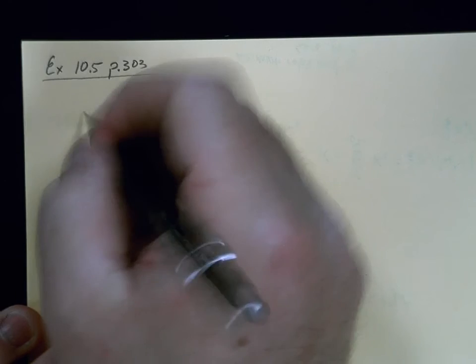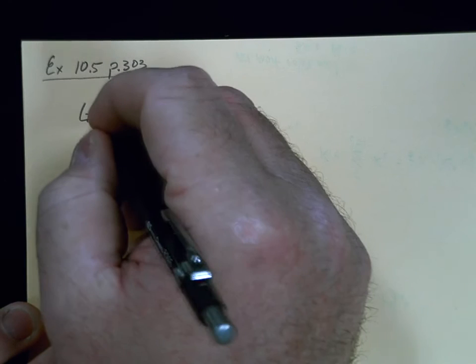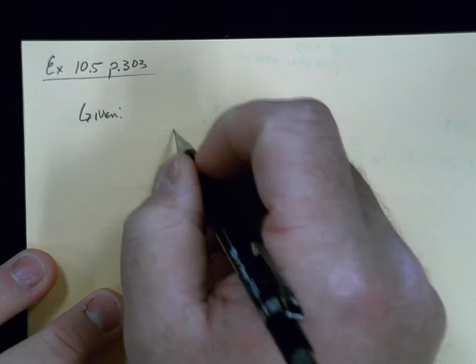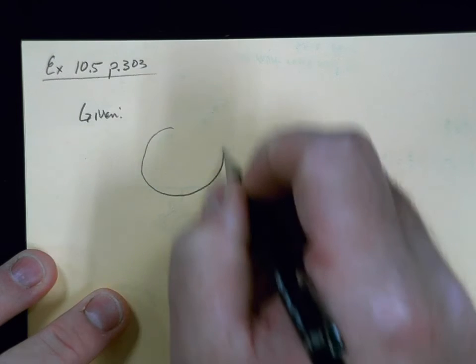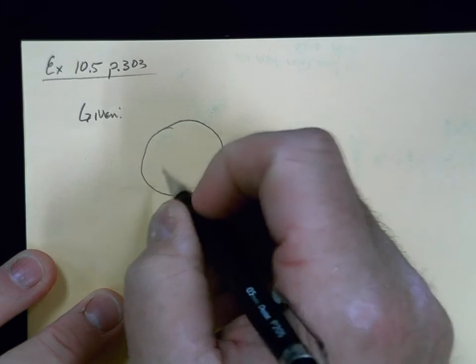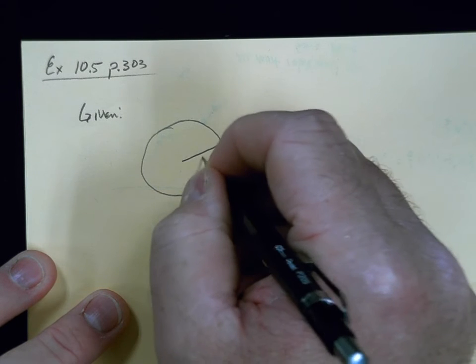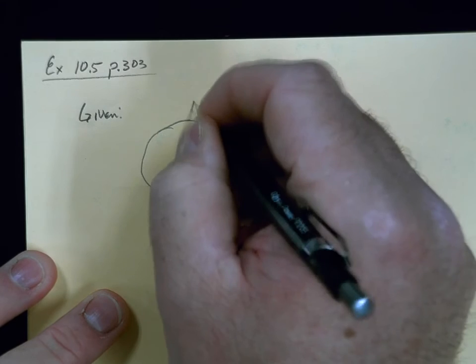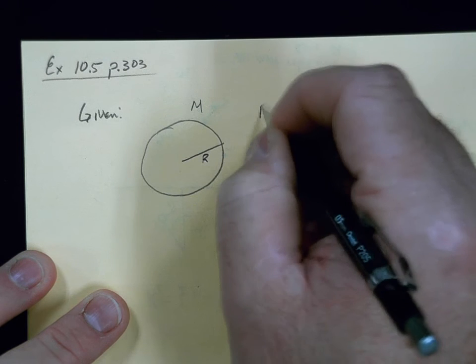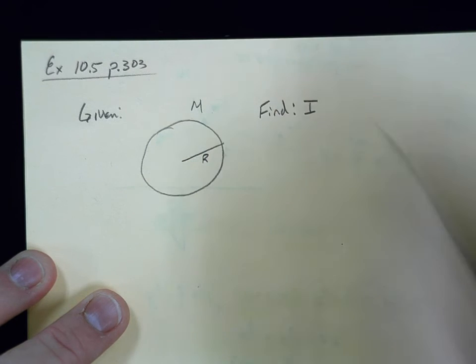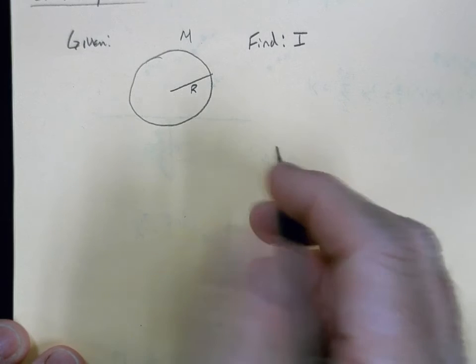We're given a hoop of mass m and radius r. We want to find the rotational inertia of this, and we're going to solve it.